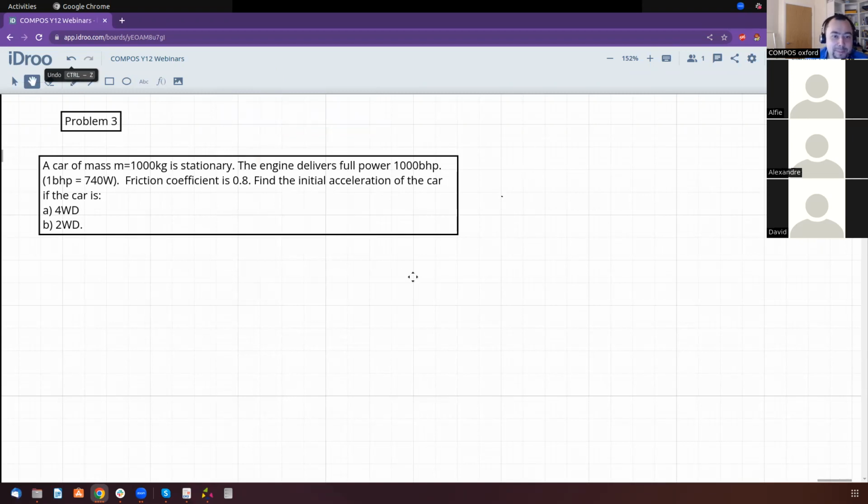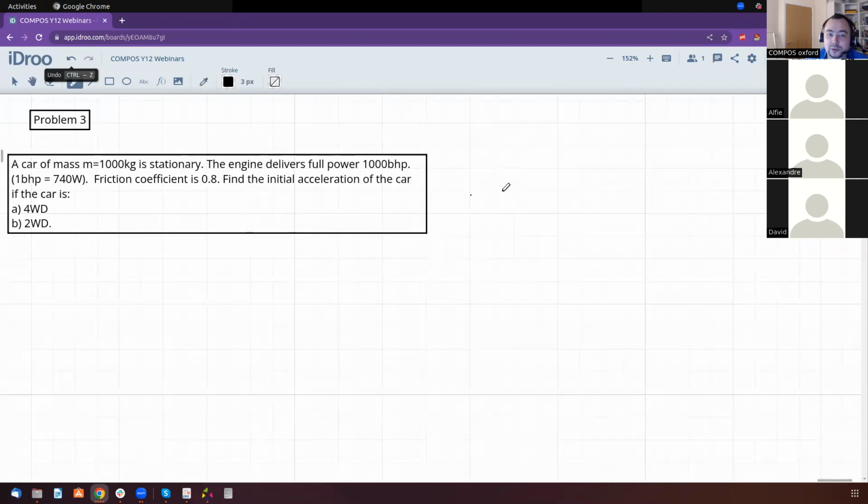We know that the power is force times velocity. You've learned this formula in school, you should have at least.